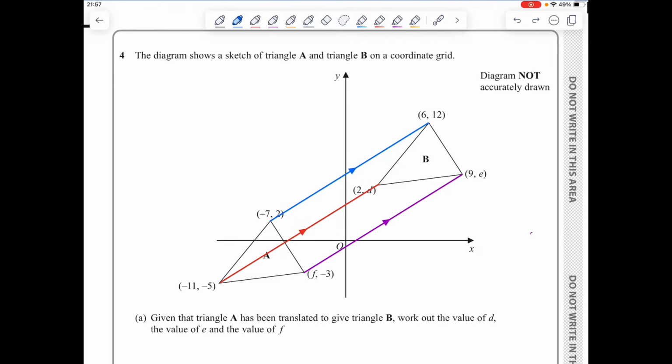Now from -7 to 6, I've got a horizontal movement of 13, and from 2 to 12, I have a vertical movement of 10. So this vector is equal to the other two, and considering the y coordinates of the red vector, I can write down the following.